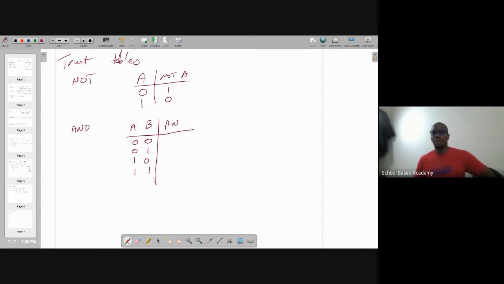So if we say we want a and b, we will get 0, 0, 0, 1, because the only time that we have values for a and b existing is down here. The only time we have a positive is in these 1 instances, but we need both instances for it to be true.